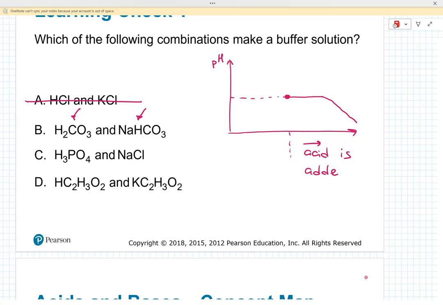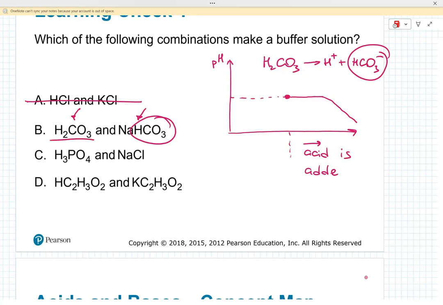That's a weak acid, so we can say that carbonic acid, H2CO3, dissociates into H plus and HCO3 minus. Does that make sense? So that's your conjugate base, that's your acid.